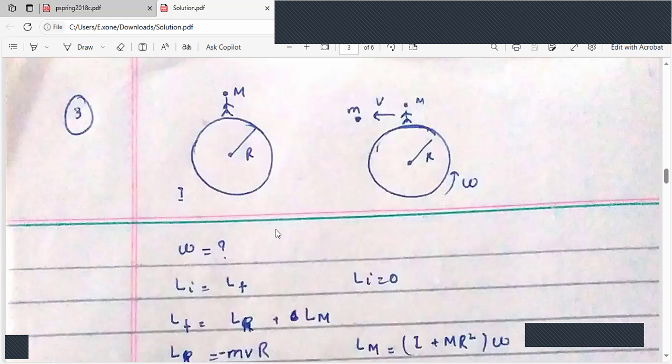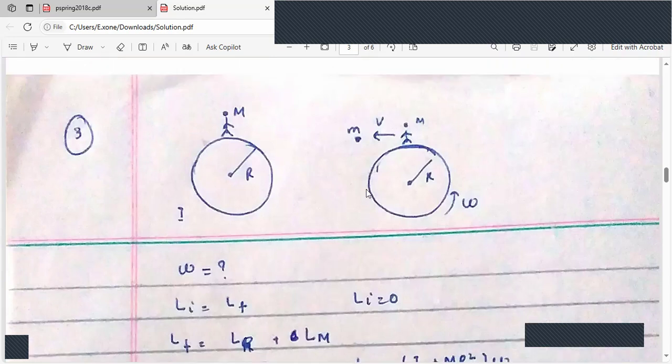And the final angular momentum after the girl throws the rock horizontally, we could see that it should be an addition of two quantities: the angular momentum of the rock and the angular momentum of the merry-go-round.